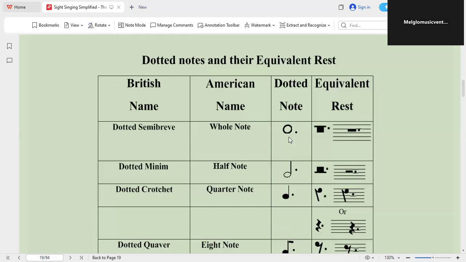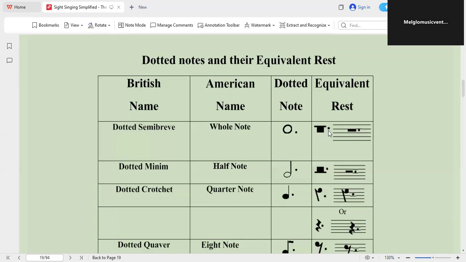So this one now, dotted semi-brief, is 6 counts. That means you are going to hold the rest too. If you are observing this rest, you are going to keep quiet for 6 counts. Now you need to be cautious, because if they dot the notes in the music, but they didn't dot the rest, that means you will not observe a dotted rest, because at times they make the rest just the value of the normal semi-brief.